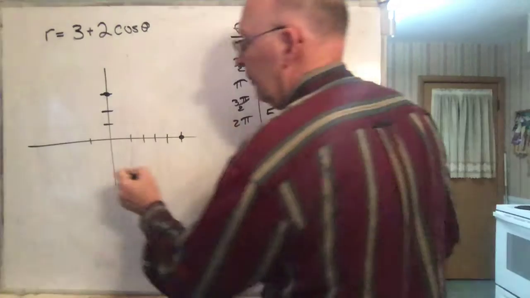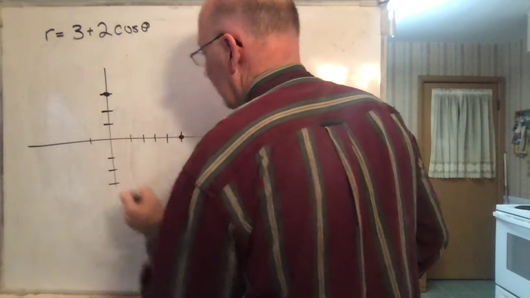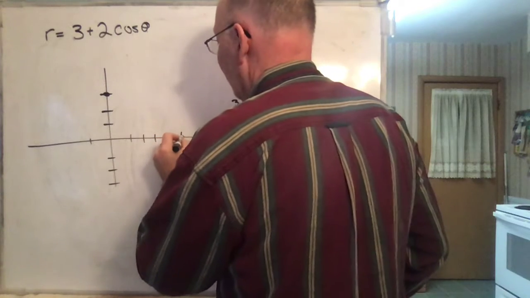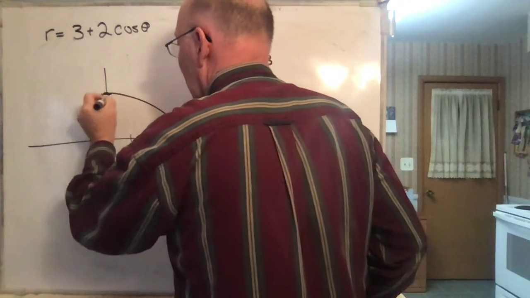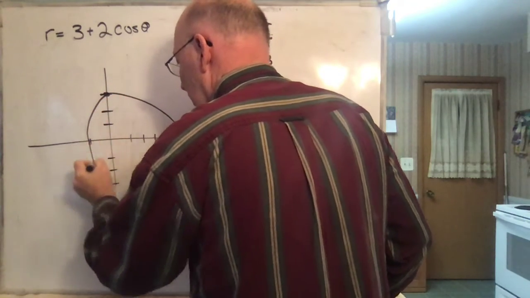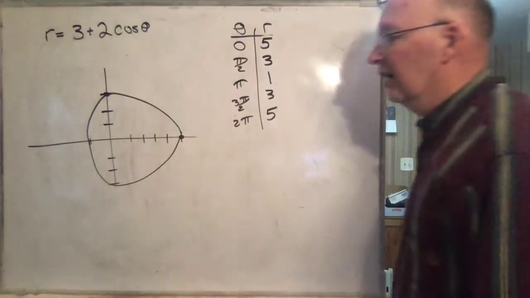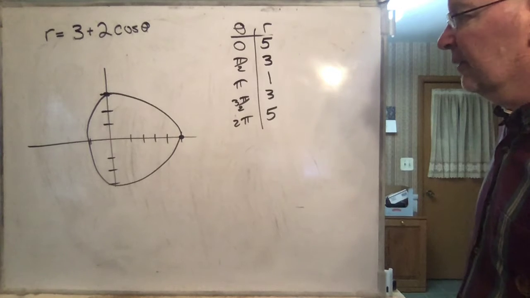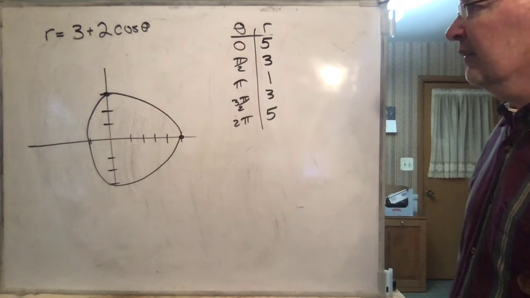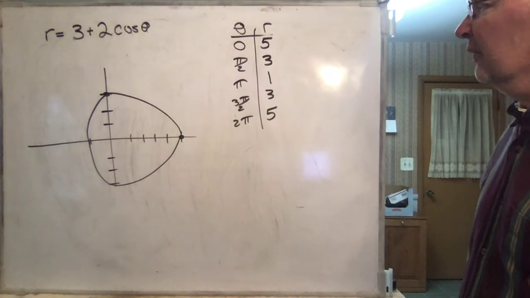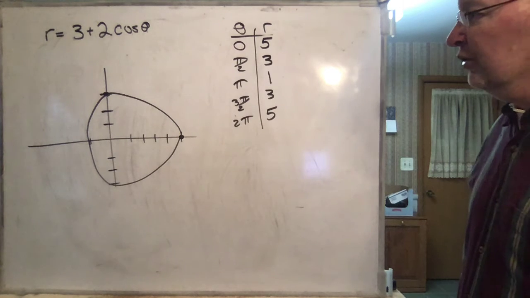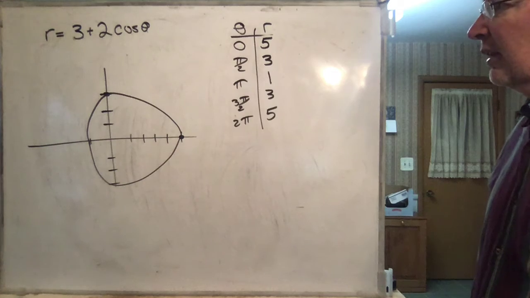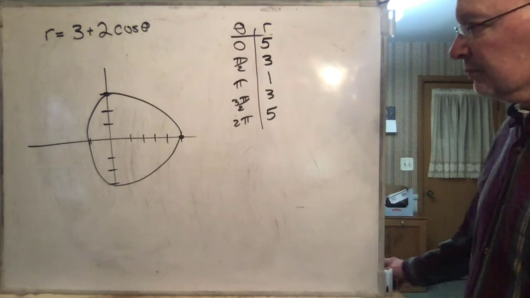By the time you get to 3 pi over 2, you're back to 3 again. And by the time you get to 2 pi, you're back to 5. So this thing is going to look kind of like this. And you can easily go to Google or whatever, find some math software to graph you some really nice pictures of these kinds of things. But there you go. You should understand why they look like they do and just have a general sense of what they look like. Okay?